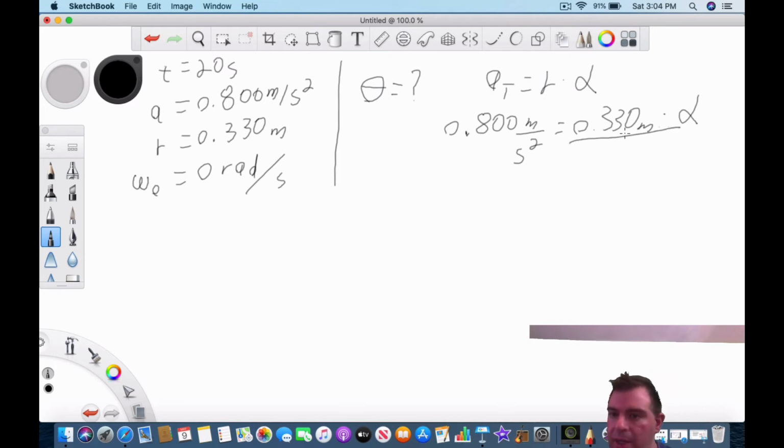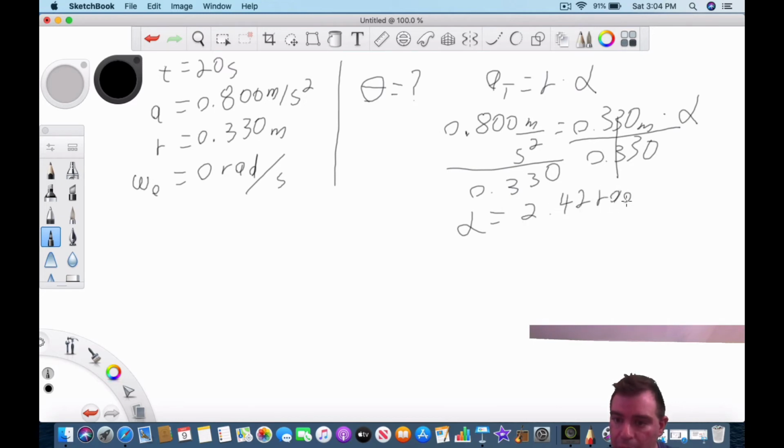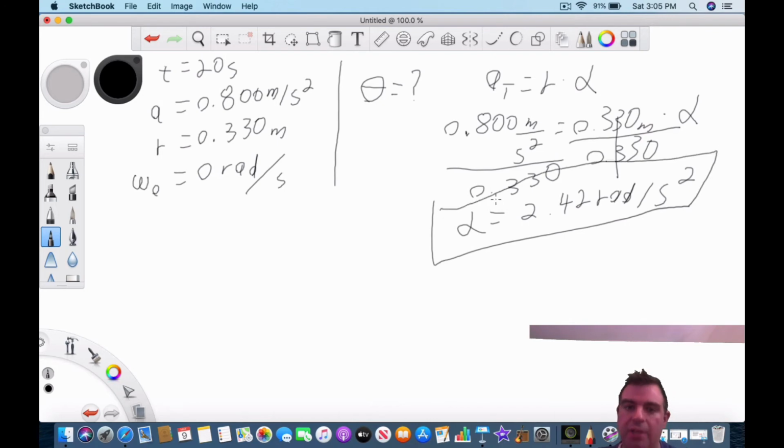This is a very easy mathematical equation to solve. So we divide both sides by 0.330, and we have 0.800 divided by 0.330. We clearly see that the angular acceleration, now in the correct units, is 2.42 rad per second squared. And these are the units that we want. So we took meters per second squared and converted it into rads per second squared.